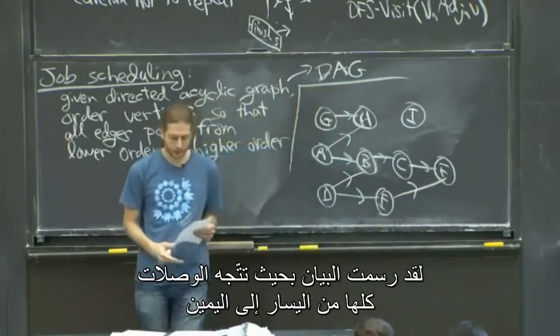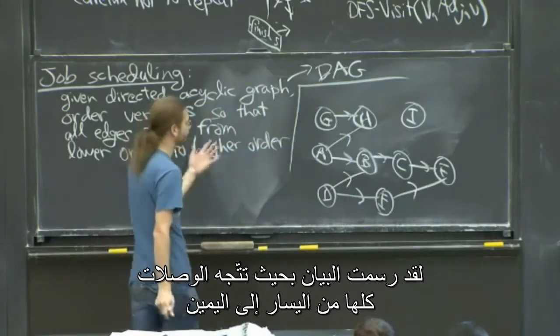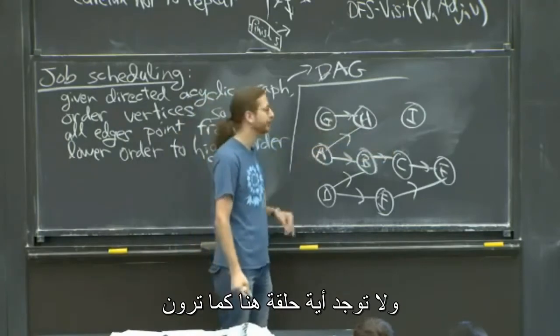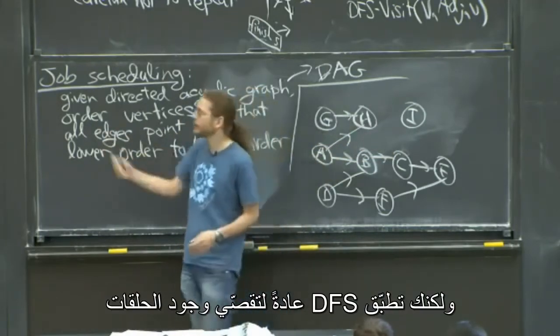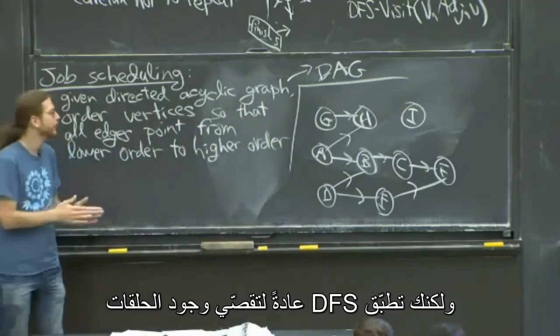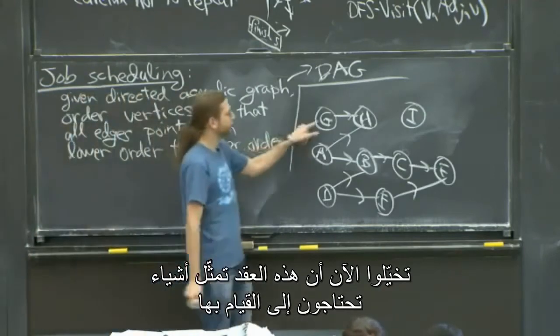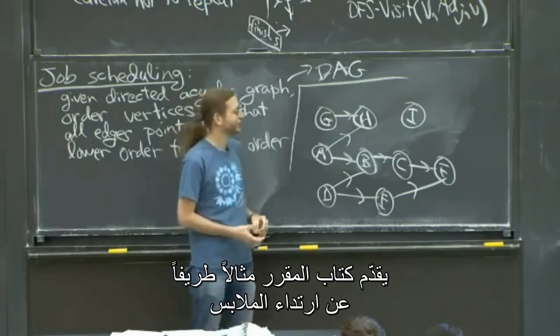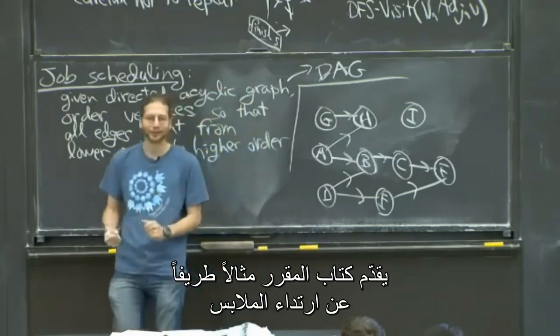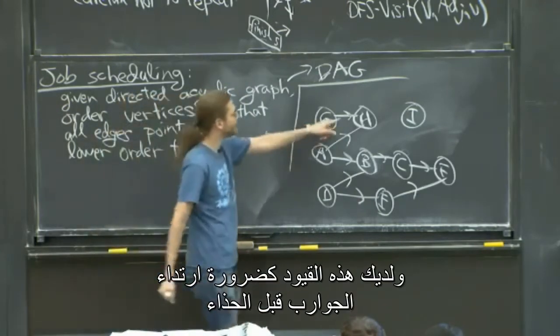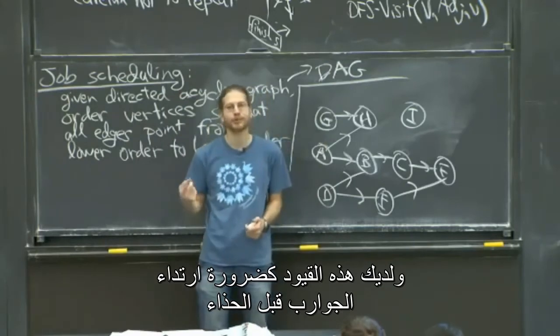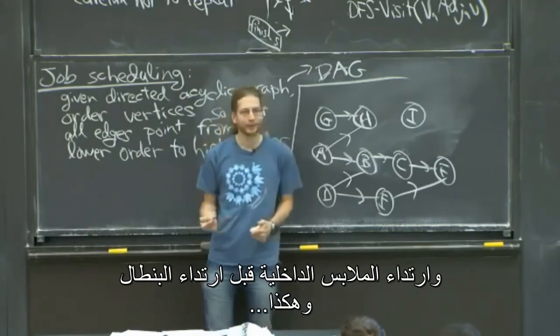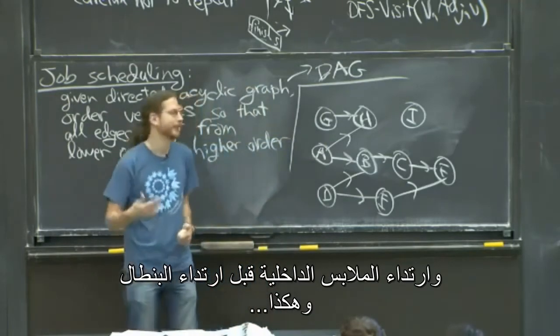I've drawn the graph so all the edges go left to right, so you can see that there are no cycles here. But generally, you'd run DFS, and you detect there are no cycles. And now imagine these vertices represent things you need to do. The textbook has a funny example where you're getting dressed. So you have these constraints that say, well, I've got to put my socks on before I put my shoes on. And then I've got to put my underwear on before I put my pants on, and all these kinds of things.